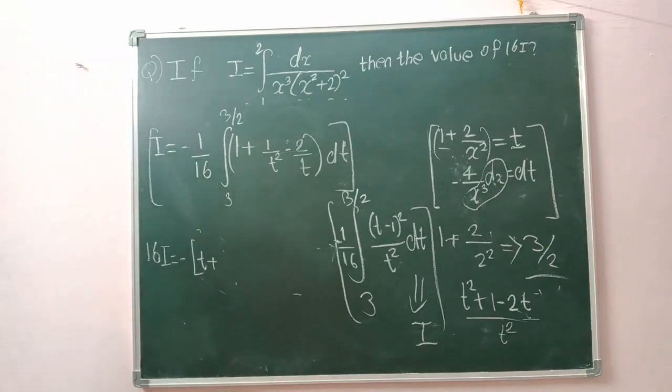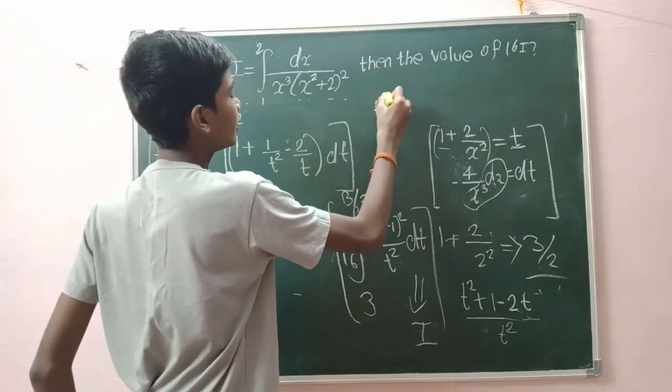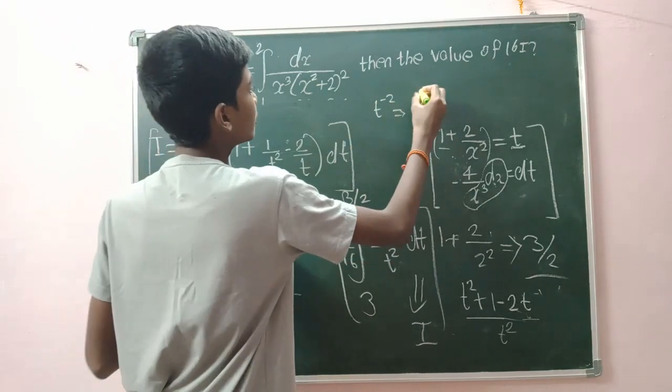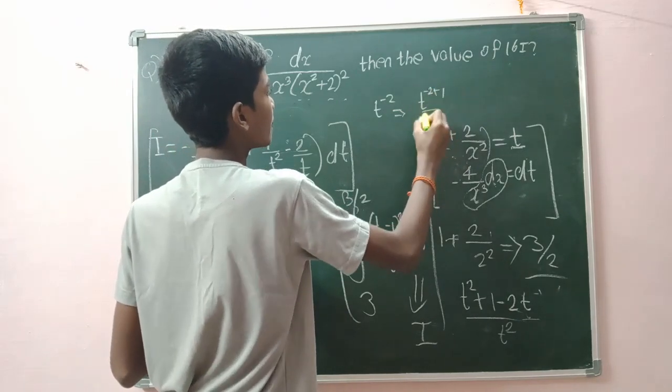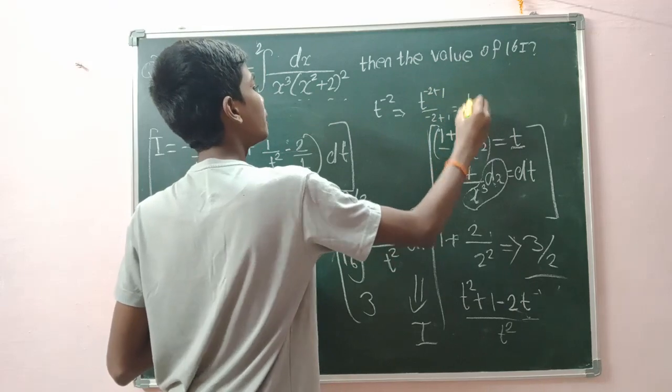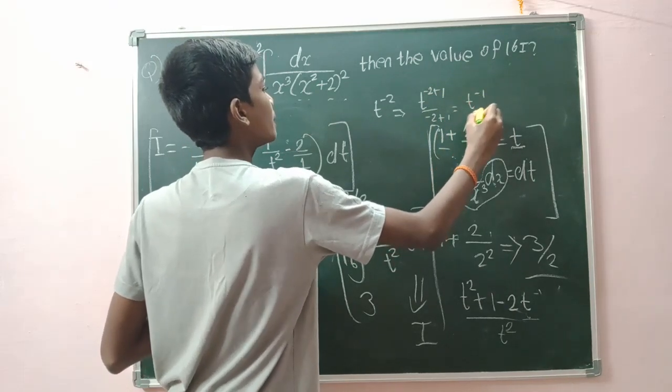You are supposed to find the integral of t power minus 2, which will be t power minus 2 plus 1 by minus 2 plus 1. This will be t power minus 1 by minus 1.